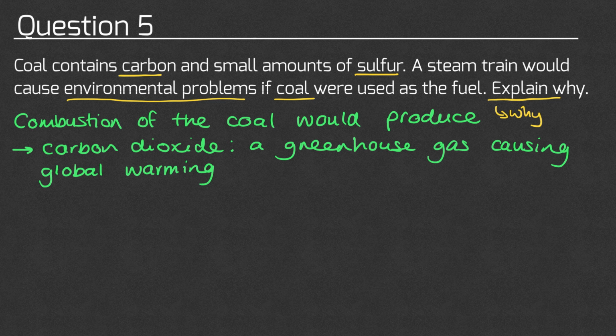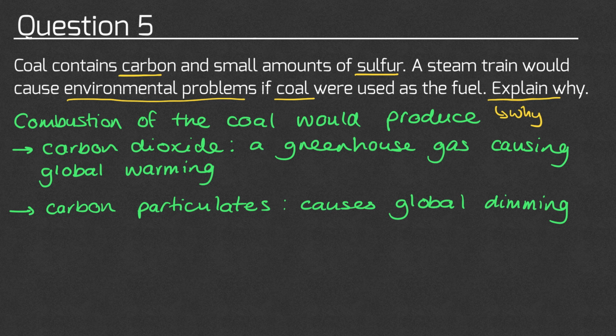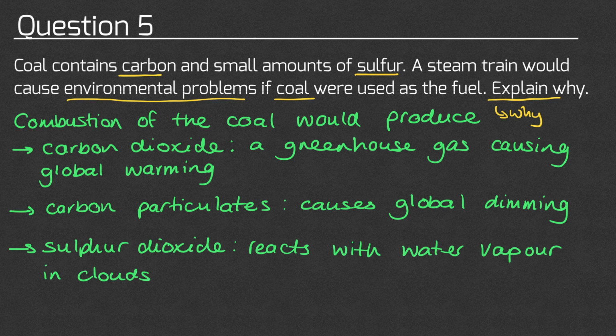So produce carbon dioxide, which is a greenhouse gas, and that will cause global warming. It will also produce carbon particulates, and that will cause global dimming. And it will also produce sulphur dioxide, which would react with the water vapour in the clouds, forming acid rain.